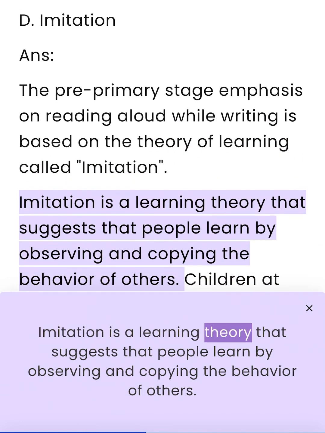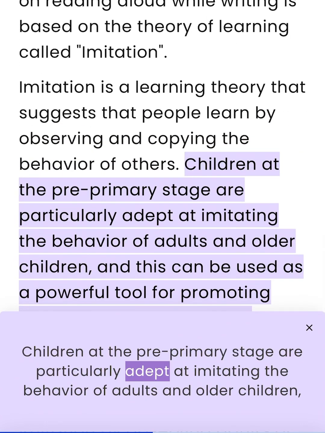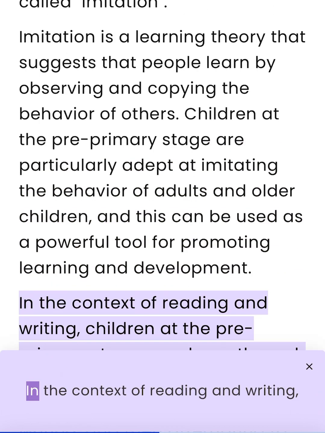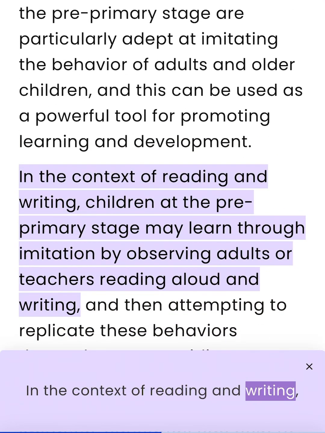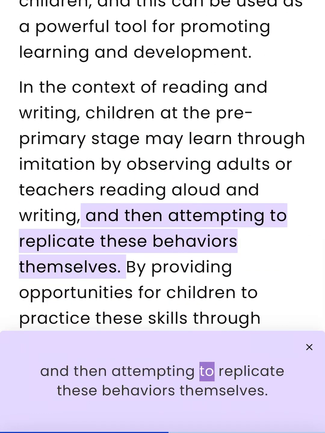Imitation is a learning theory that suggests that people learn by observing and copying the behavior of others. Children at the pre-primary stage are particularly adept at imitating the behavior of adults and older children, and this can be used as a powerful tool for promoting learning and development. In the context of reading and writing, children at the pre-primary stage may learn through imitation by observing adults or teachers reading aloud and writing, and then attempting to replicate these behaviors themselves.